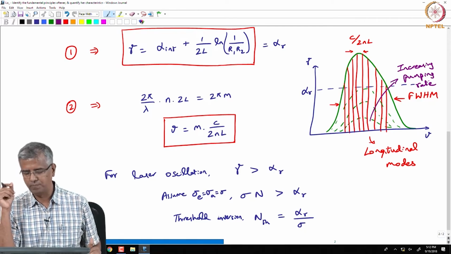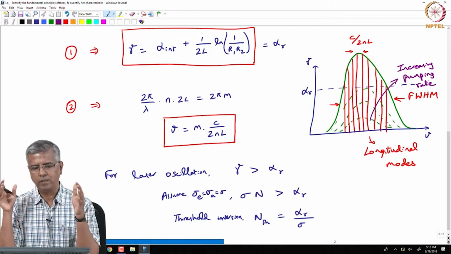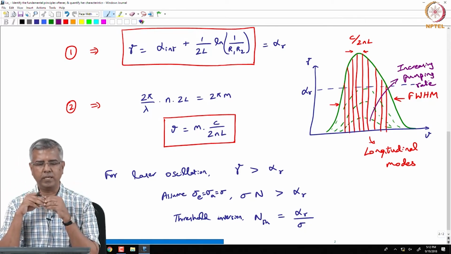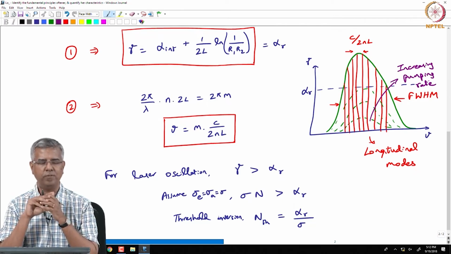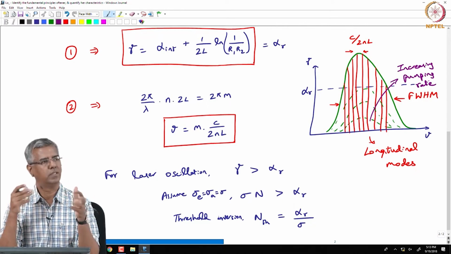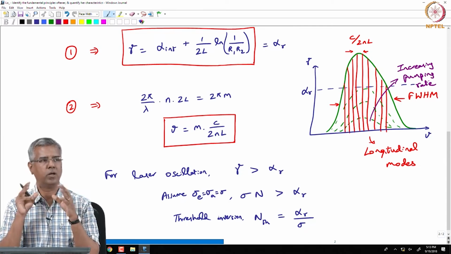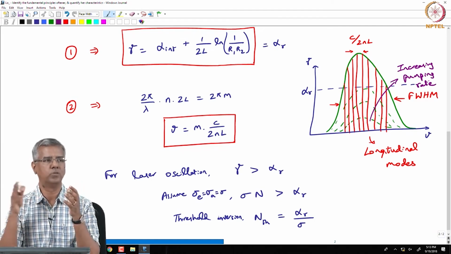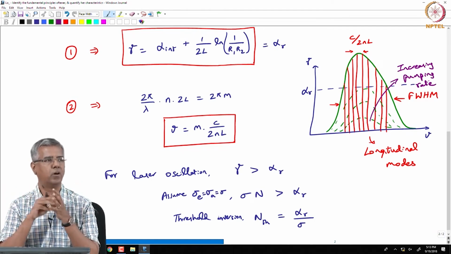Okay. So, if you have very high reflectivities, what can you say about the lifetime of a photon? Assume that you have 0 losses, so alpha int is 0. The photon is going to keep bouncing around for a very long time.